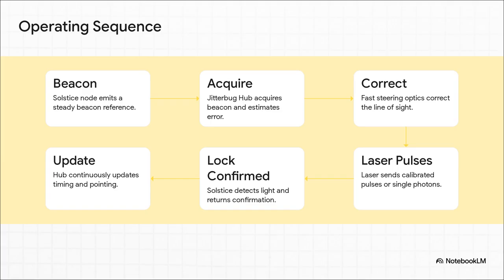Step 3, fast steering optics adjust the telescope's line of sight. Step 4, only now does the laser fire its calibrated pulses or even those single photons we talked about. Step 5, the Solstice node detects the light and fires back a confirmation. And finally, Step 6, the Jitterbug hub continuously updates its timing and pointing based on that feedback. So it's just this endless, rapid loop of correction.